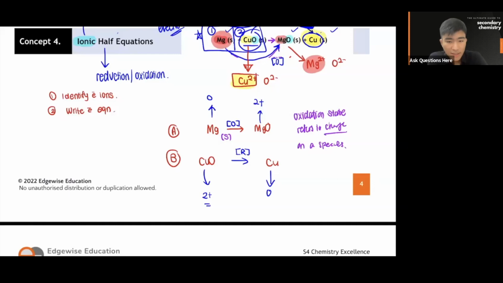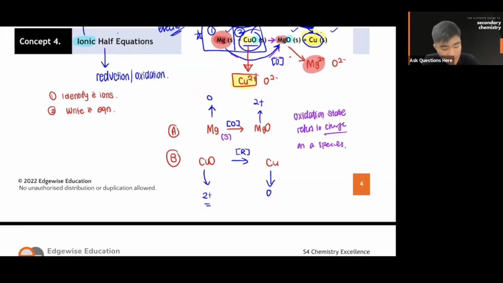You can see that magnesium has a 0 oxidation state, and this one has a +2 oxidation state. In copper(II) oxide, the copper has a +2 oxidation state, and the copper here without anything has a 0 oxidation state.